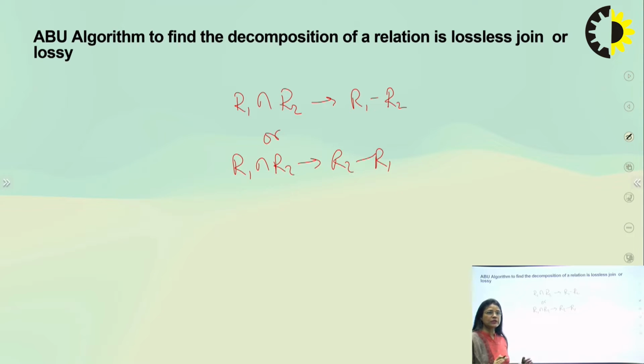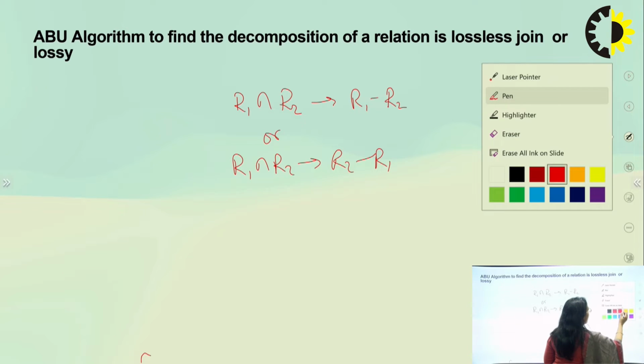So it is very easy to find out whether the decomposition is lossless or lossy in case of binary decomposition. But the problem arises when the decomposition has more than 2 parts.